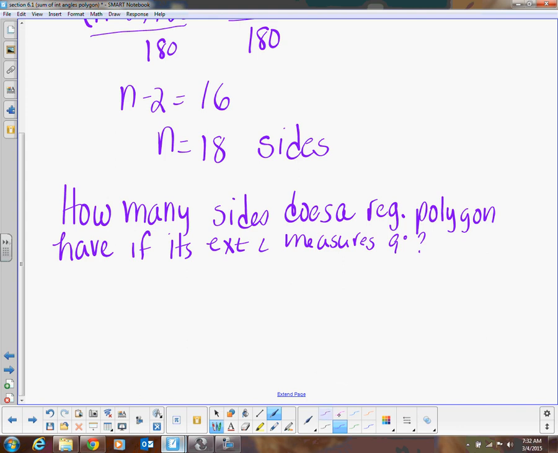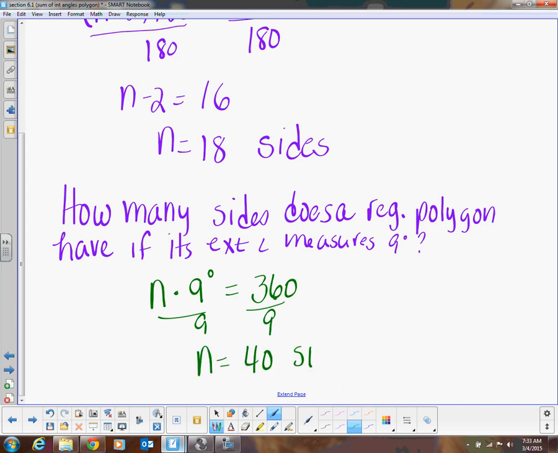What do you think we're going to do? So we're going to say n times 9 degrees is equal to the total of 360. So in order to solve that, we're going to divide by 9. What is n? 40 sides.